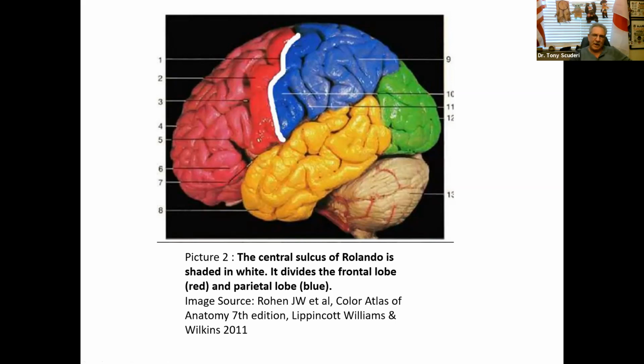Okay? The parietal lobe is here in blue. The pinkish red part over here is your frontal prefrontal cortex. You can see the yellow area here is your parietal lobe, Broca's area, Wernicke's area over here. We have the occipital lobe over here, right? Frontal, parietal, temporal, occipital, right?